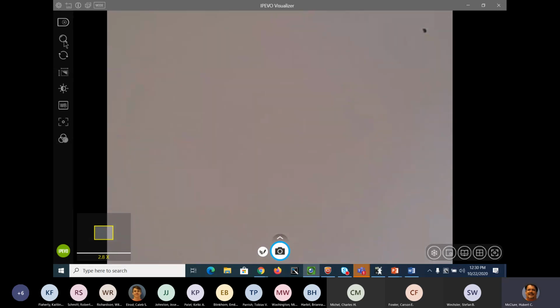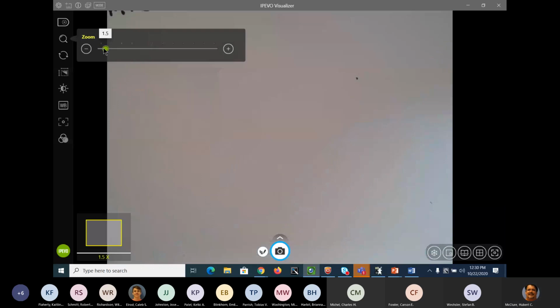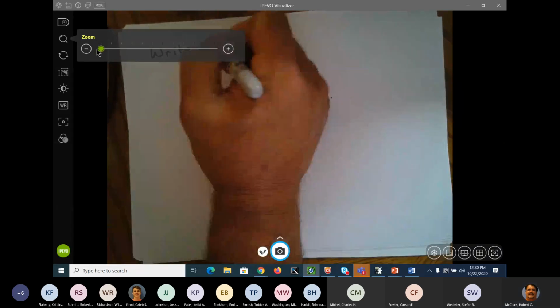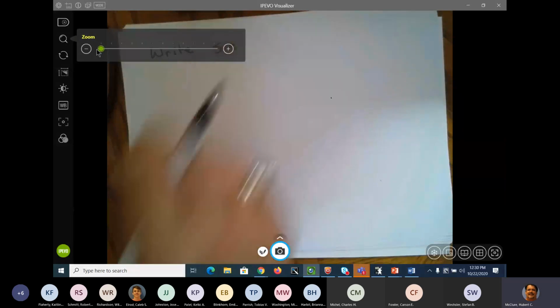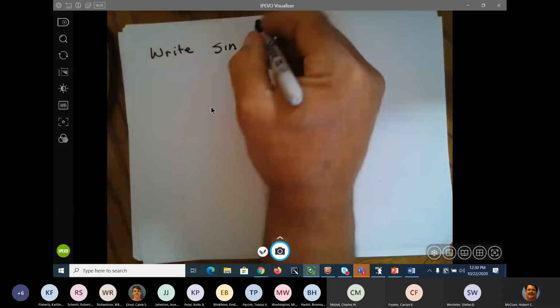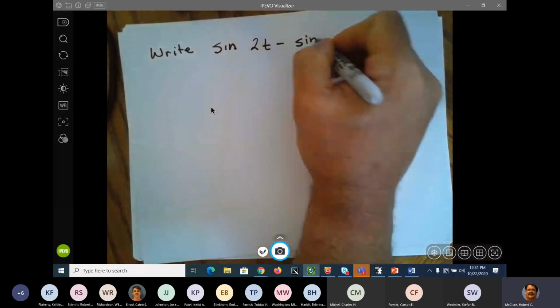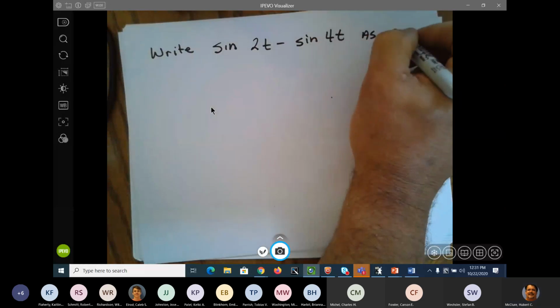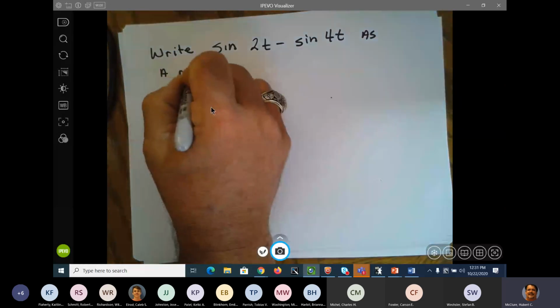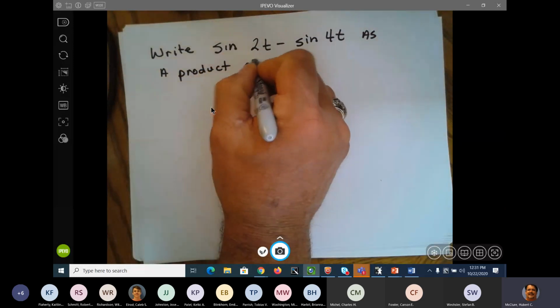And here is an example. Write, or rewrite, however you want to say it, the sine of 2t minus sine of 4t as a product of 2 functions.